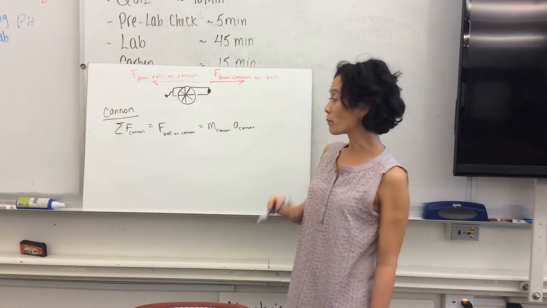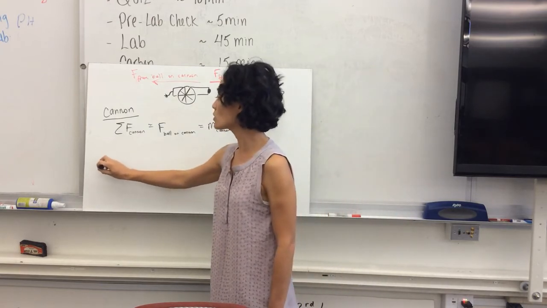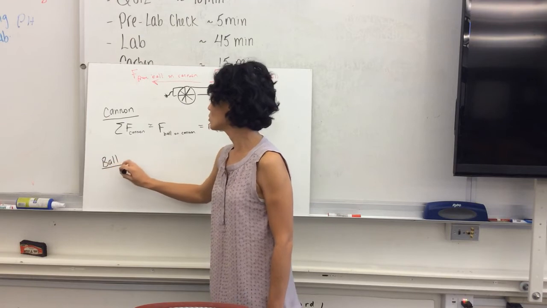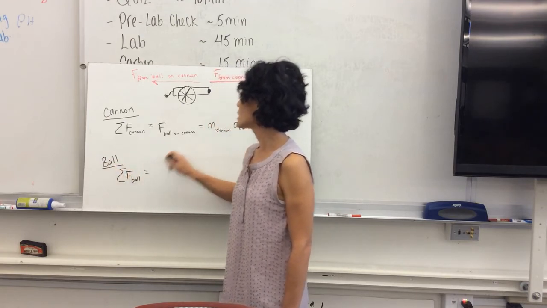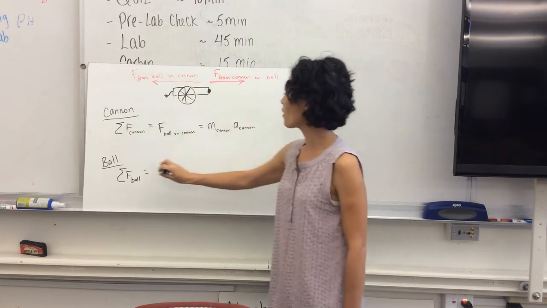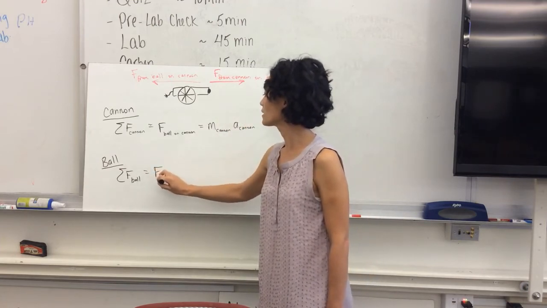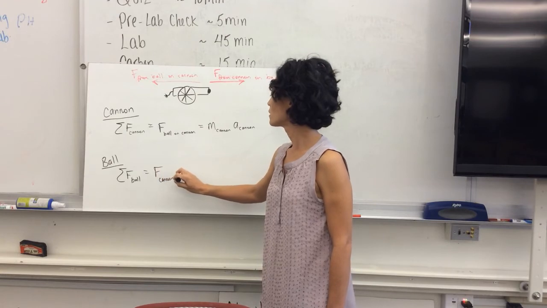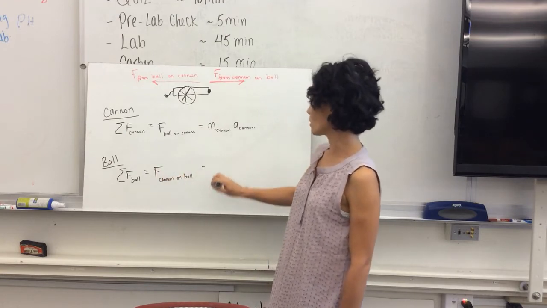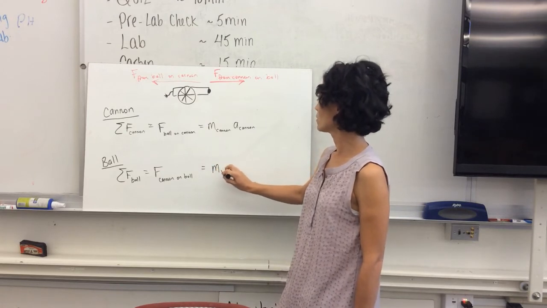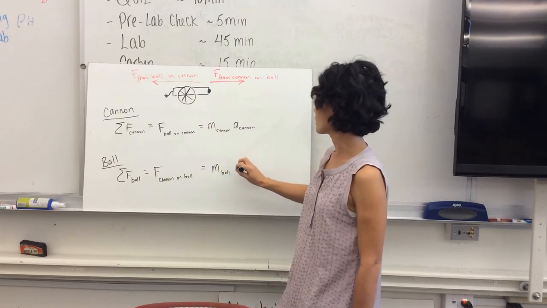And then the ball is going to have its own equation. So Newton's second law for the ball says that the only force I have acting on the ball is the force of the cannon on the ball. And that should equal the mass of my ball times the acceleration of my ball.